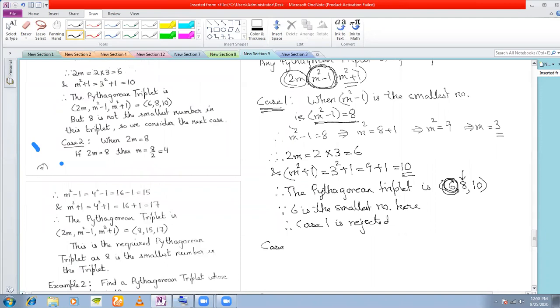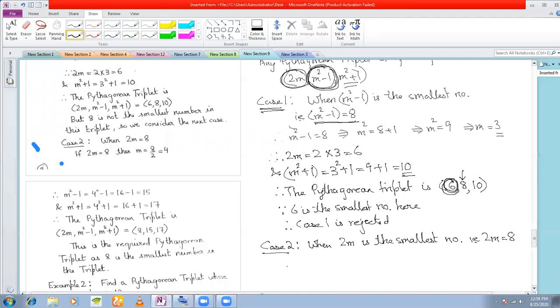And I told you either m square minus 1 can be the smallest number or 2m can be the smallest number. So when we now consider 2m to be the smallest number, that is 2m is equal to 8.